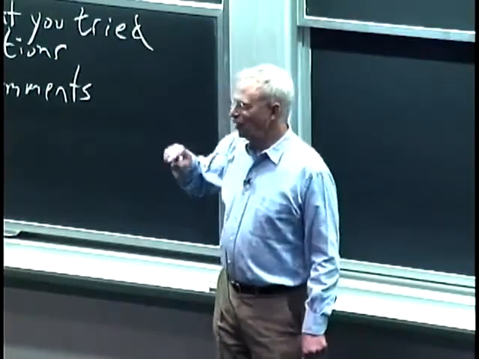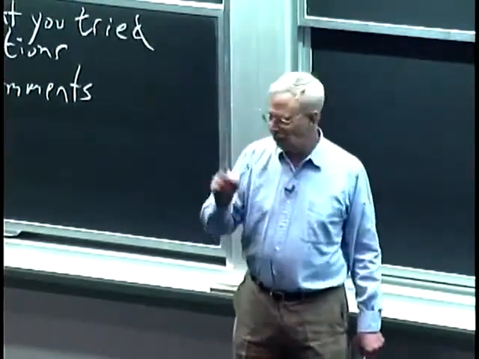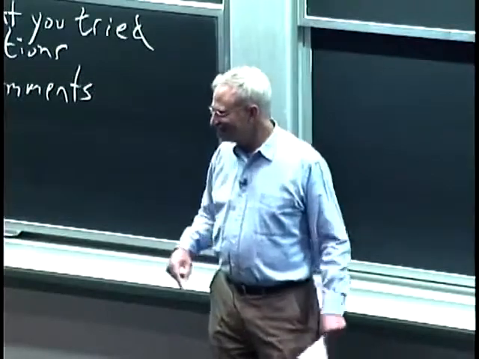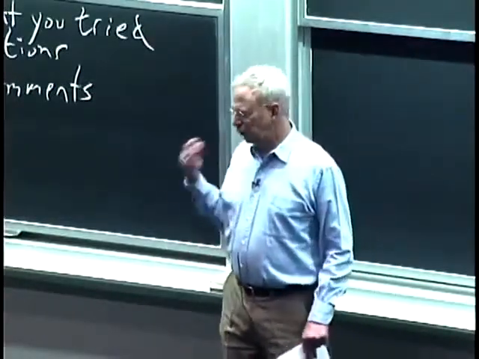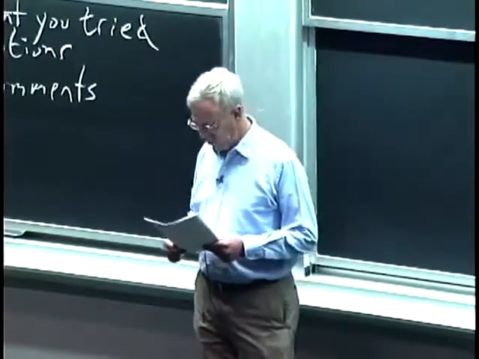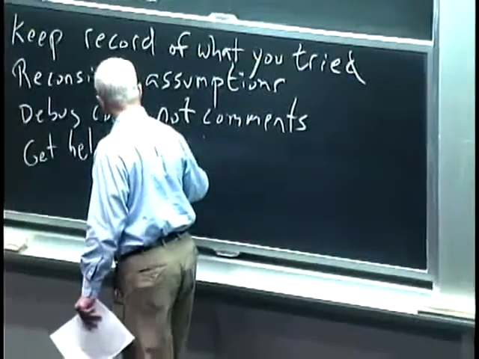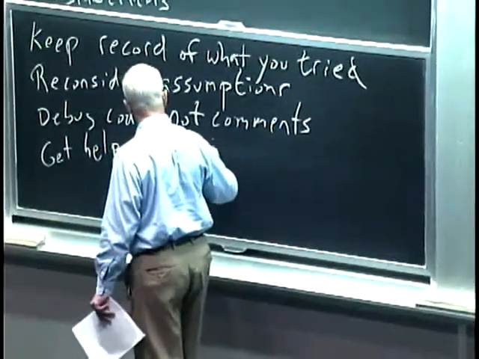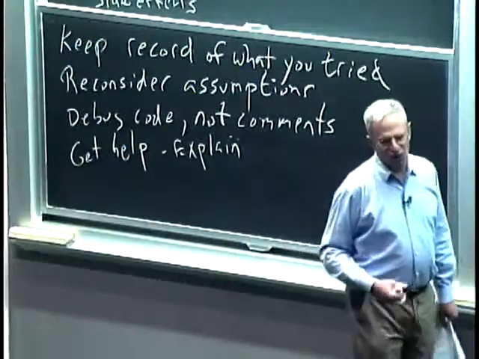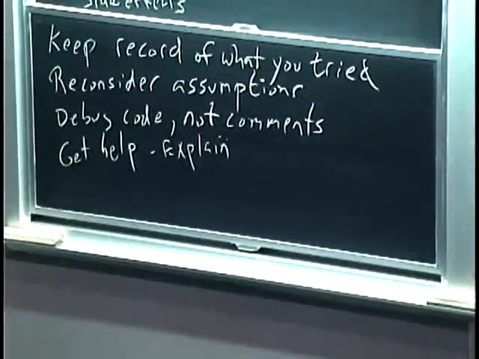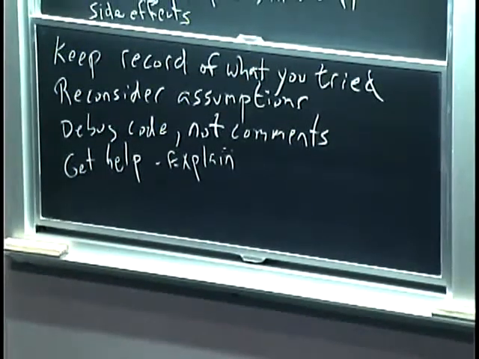Are you sure you didn't want to do for i in range of list rather than for i in list? That sort of thing. It makes a big difference to just get that set of eyes. And in particular, try and explain to somebody else what you think the program is doing. So I'll sit there with the student and say, all right, I'm going to try and explain to you what I think this program is doing.